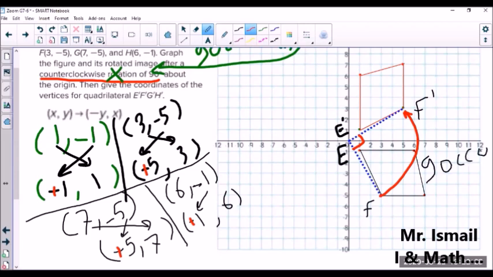counterclockwise. And also from this side to this side, 270 clockwise. You see? Because the rules, the formulas that I have are for clockwise only, I will use the clockwise formulas.